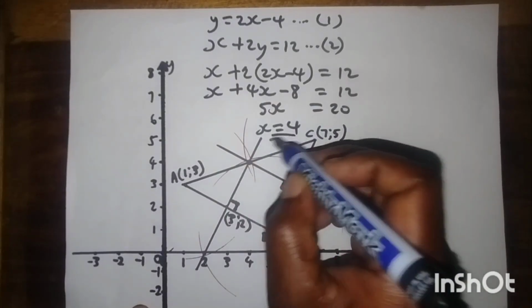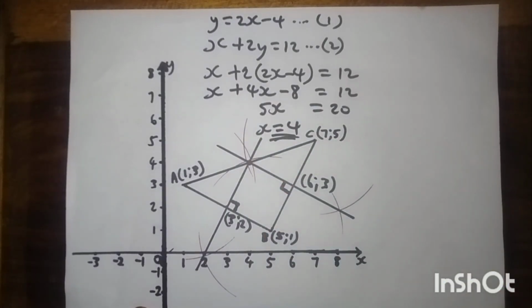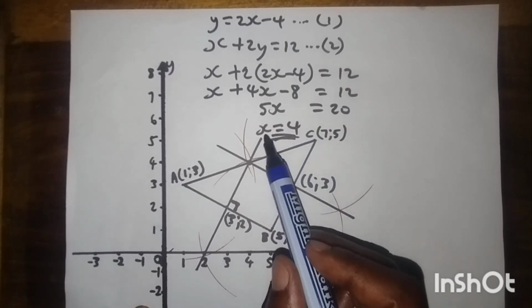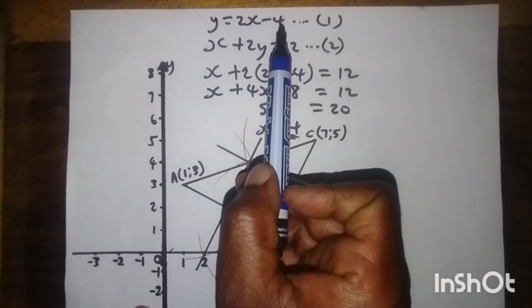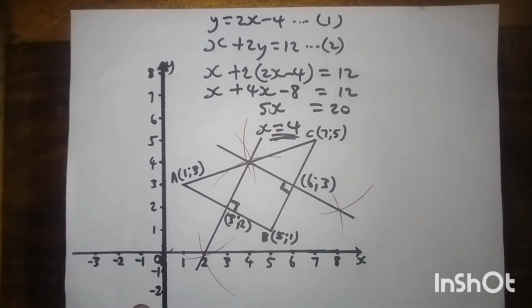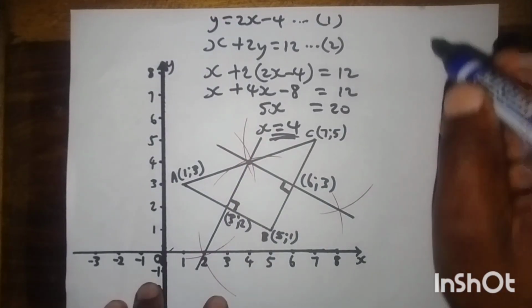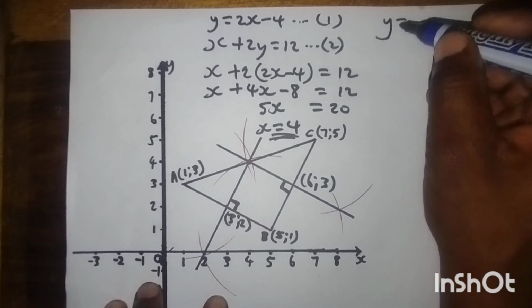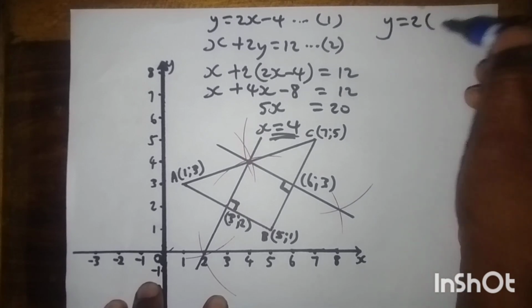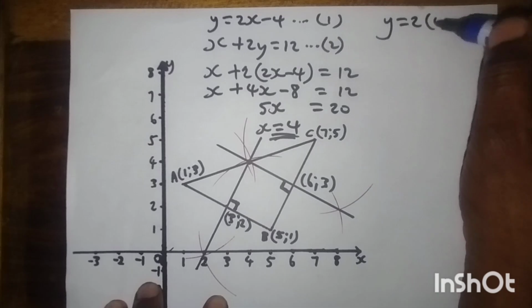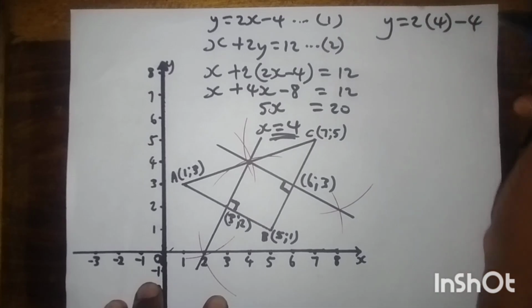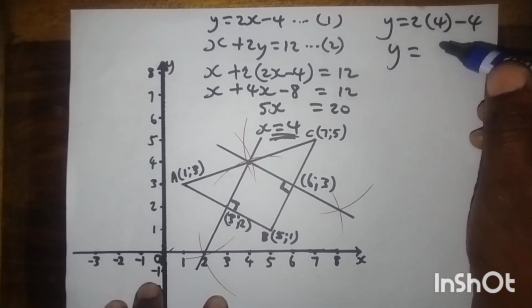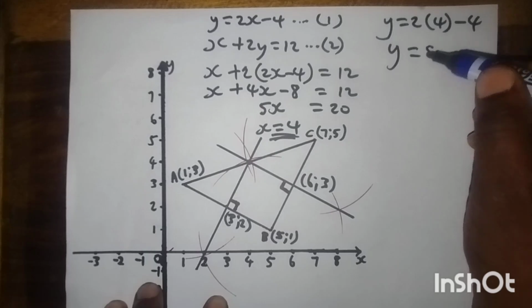That's our x coordinate. Now we want to substitute 4 for x in the first equation so that we can get the y coordinate. We rewrite the first equation as y equals 2 multiplied by 4, the value of x, minus 4. This gives us y equals 8 minus 4.